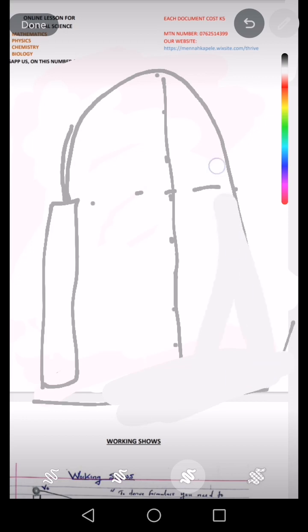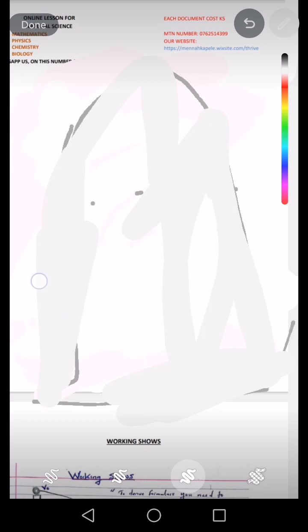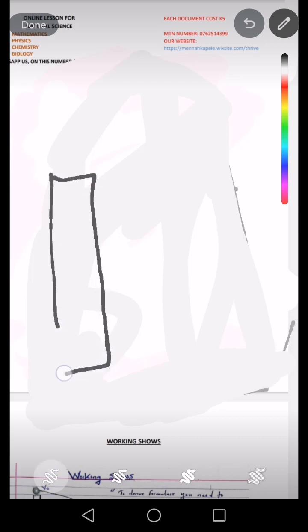What is it? The first case of projectile motion, which I shared at first, looks like this. A person standing on the cliff like this, then the object is thrown downward like this.